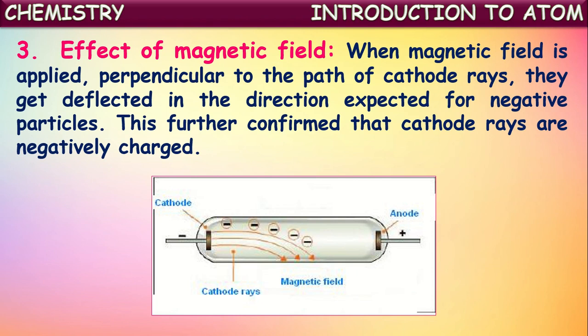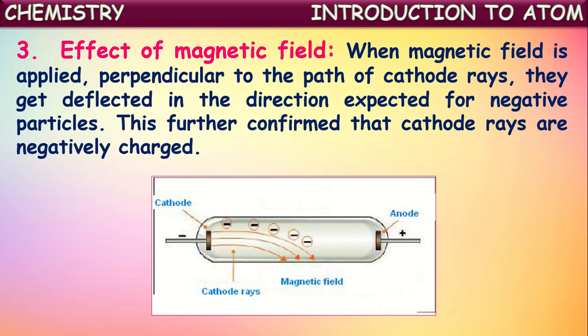In the same way, these cathode ray particles also deflect towards one of the sides of the magnetic field. This further confirmed that cathode rays are negatively charged particles. That is proved by this also.